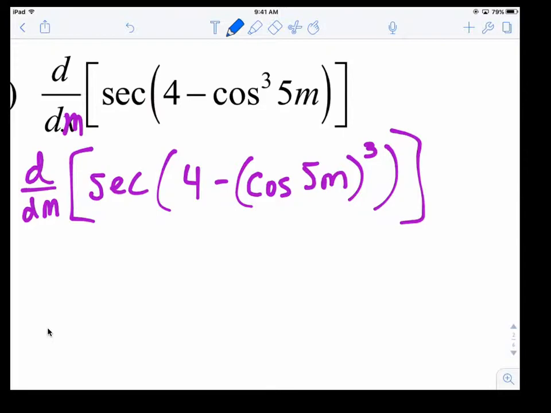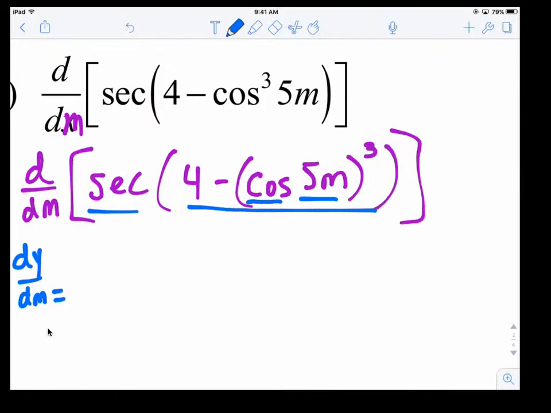All right, so 1, 2, 3, 4. The derivative of secant would be what?